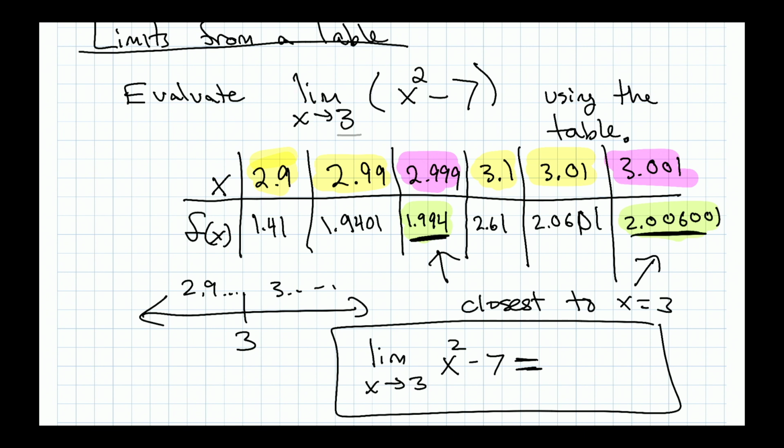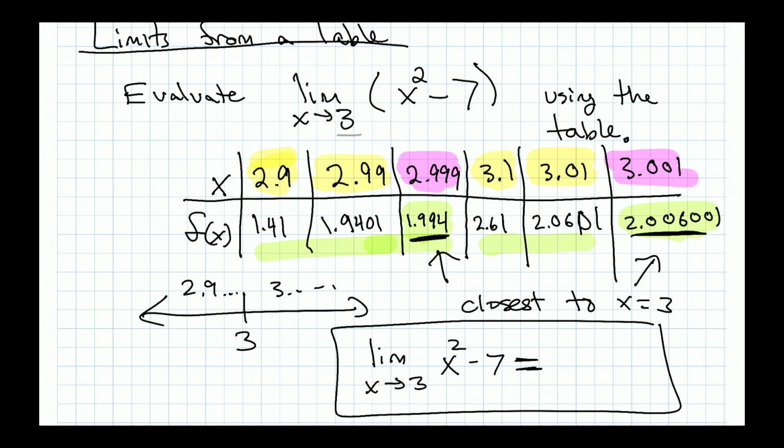And you're supposed to say, well, if we kept doing this and get even closer and closer and closer to x equals 3, where are those two numbers going, right? And just think about it just by looking at these, right? 1.41, 1.94, 1.994, right? What's the next number? 1.9994, probably.